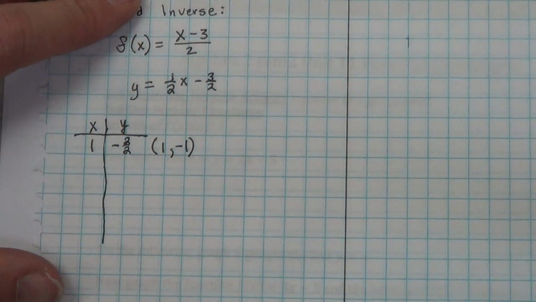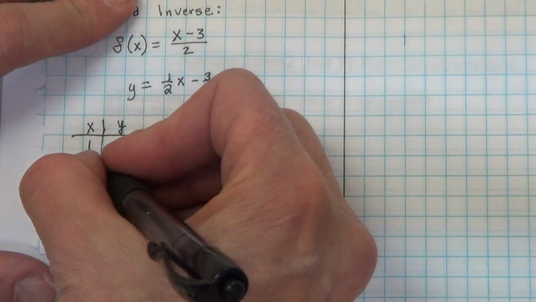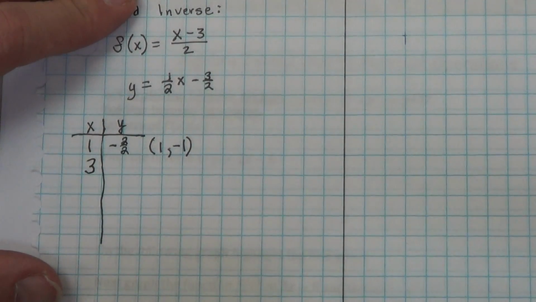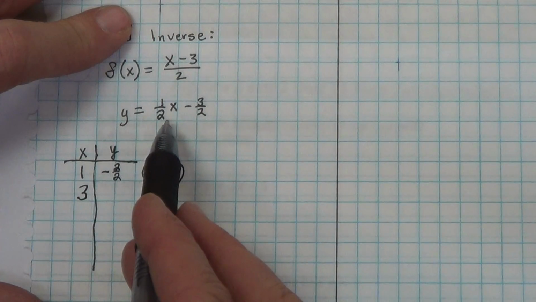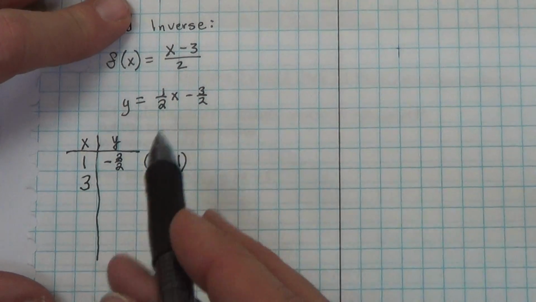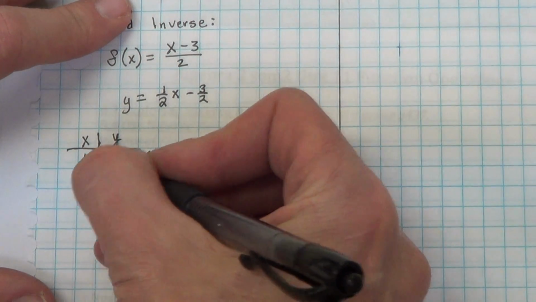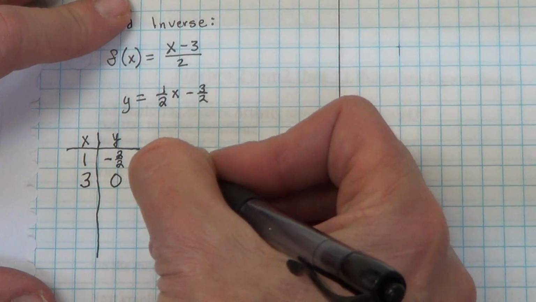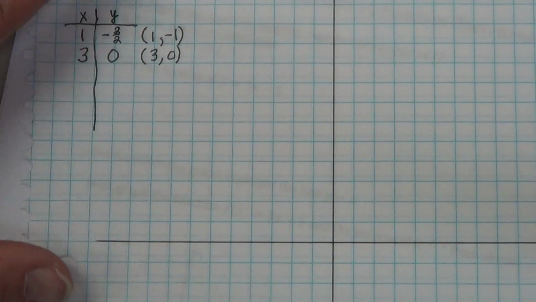Now let's say that x is 3. Just get a couple points for graphing here. If x is 3, then we have 1/2 times 3, which is 3/2. 3/2 minus 3/2 is 0. So that would be (3, 0). With those 2 points, we could go ahead and graph this line.